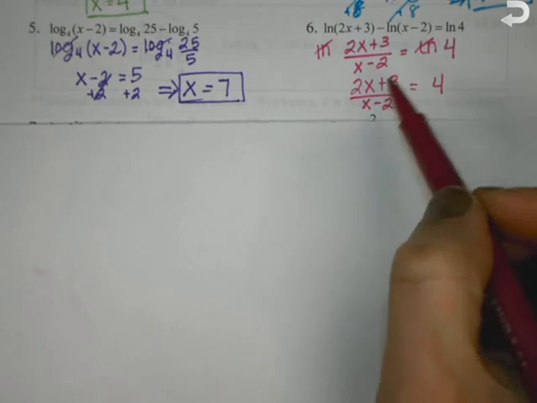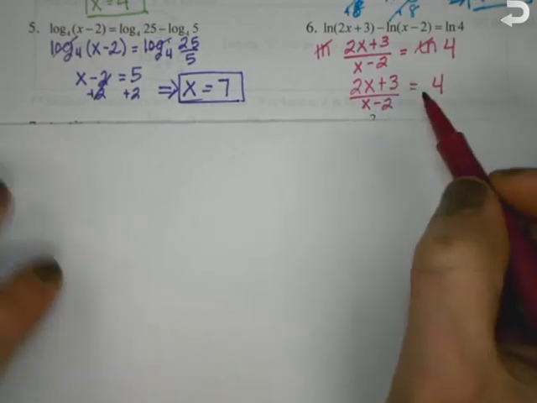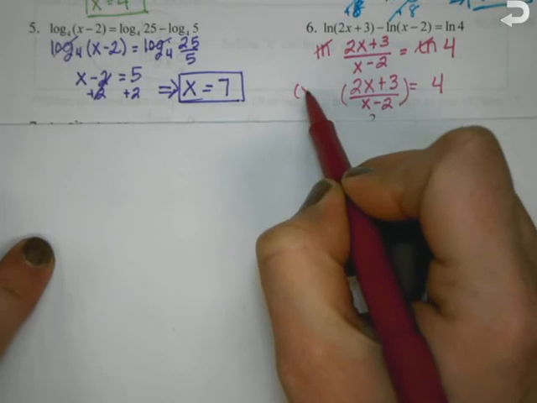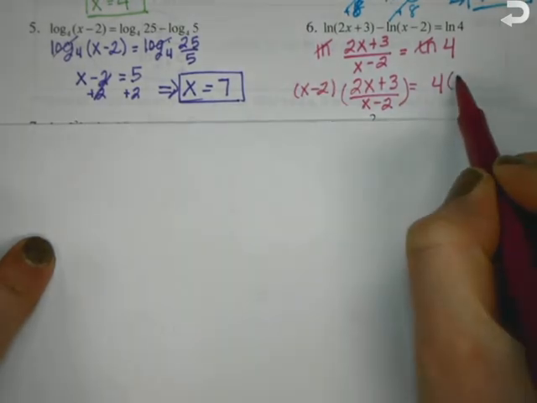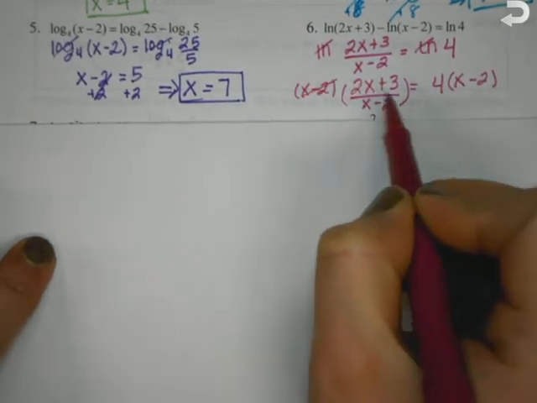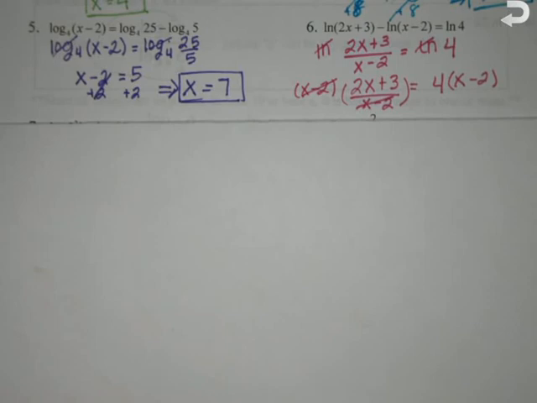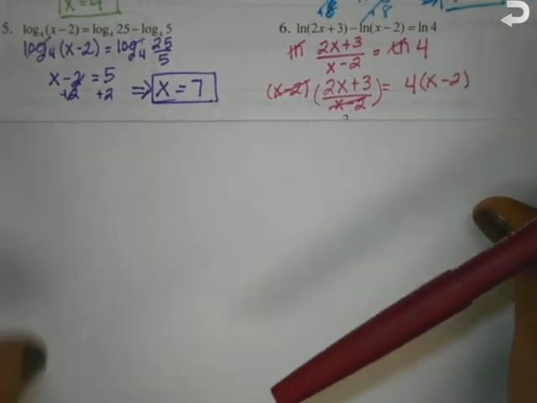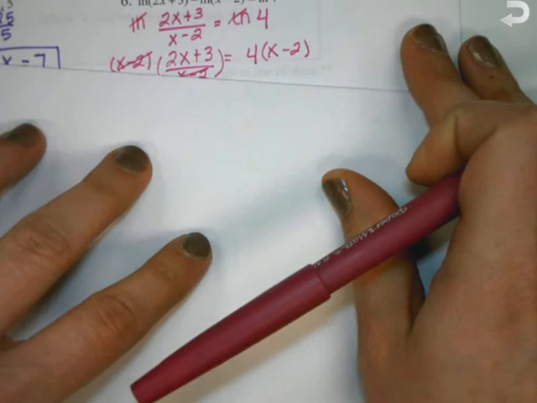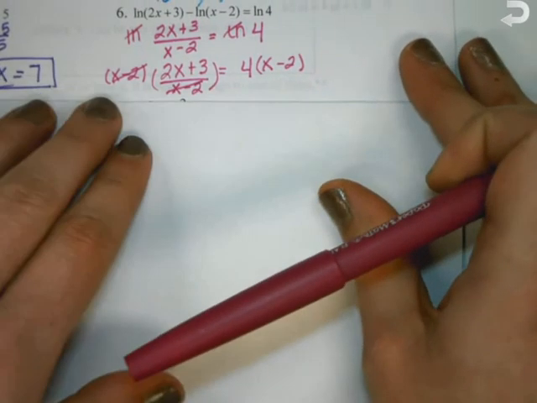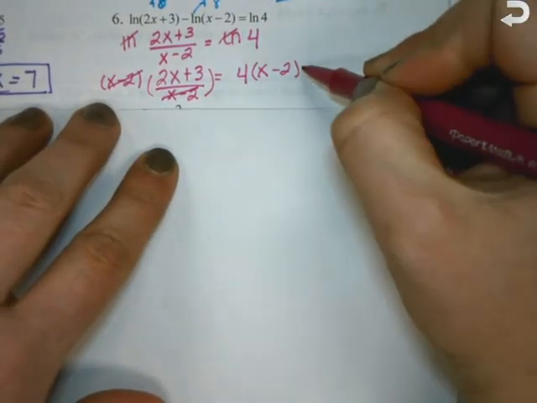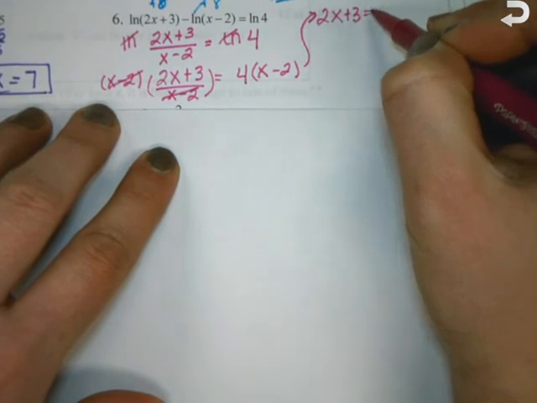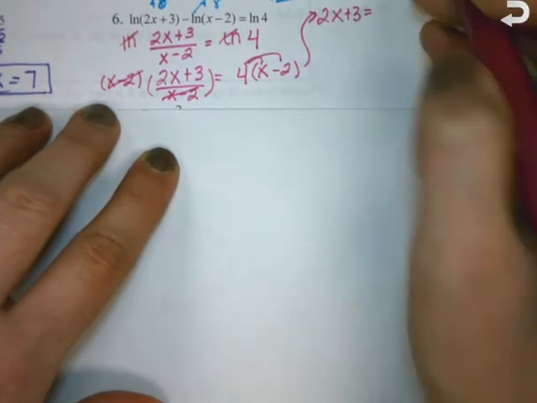So what I would do is I would multiply both sides by x minus 2, because then these will cancel, right? I did not leave myself enough space. So what does that give me? On the left-hand side, it gives me 2x plus 3 equals, distributive property, 4x minus 8.